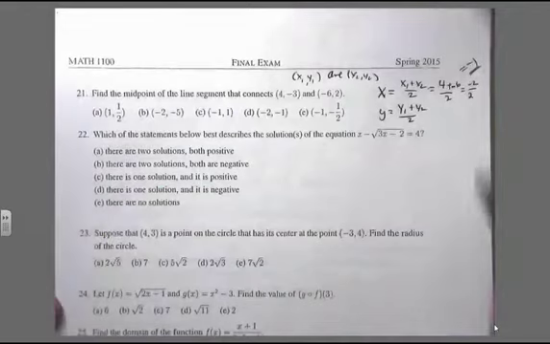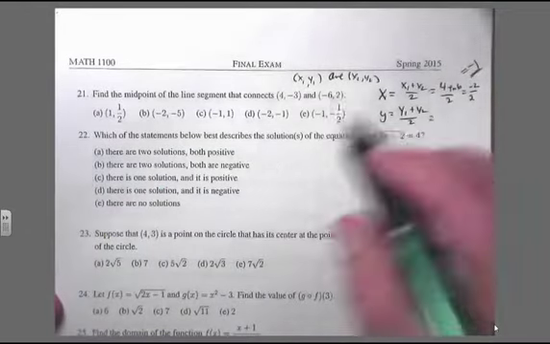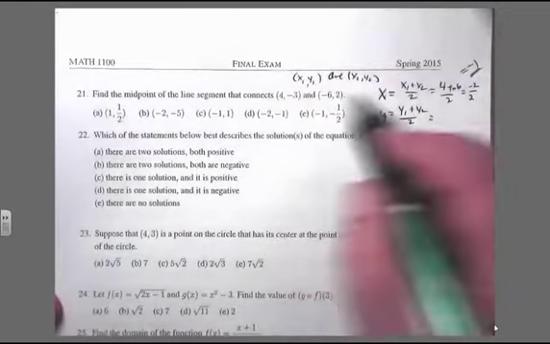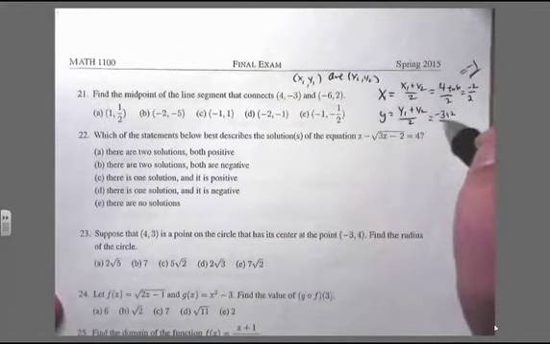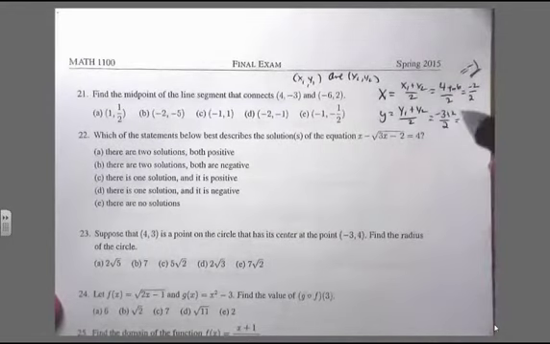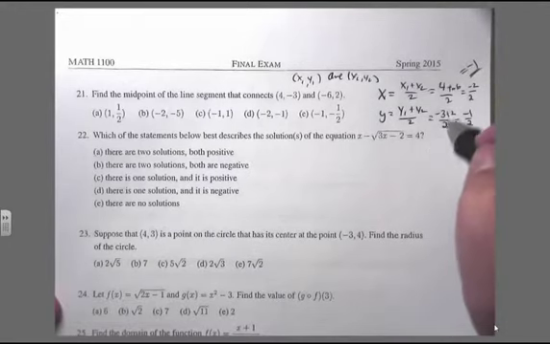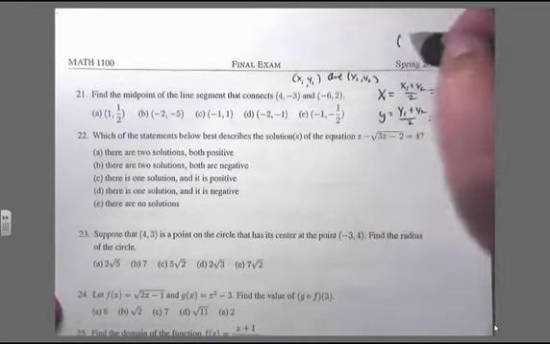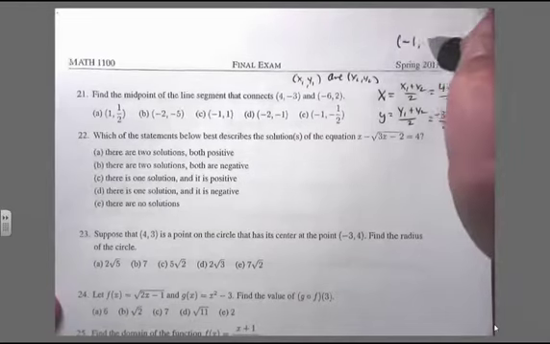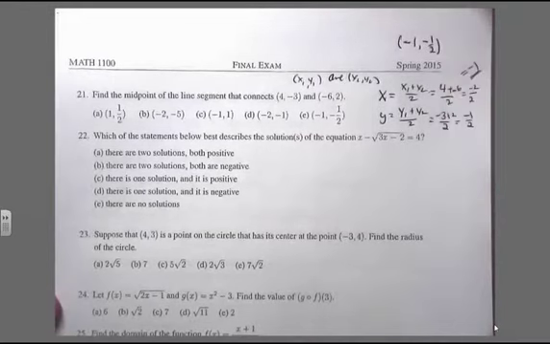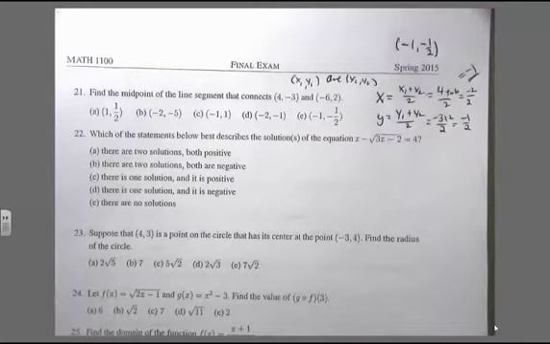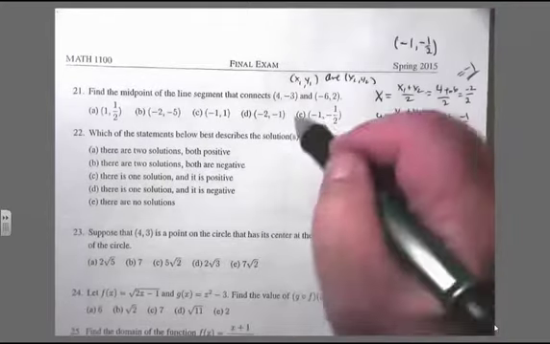Now let's go for the y-coordinates. Negative 3 plus 2 divided by 2. Negative 3 plus 2 is negative 1, divided by 2, negative 1/2. So my midpoint would be, literally, the x-coordinate is negative 1, the y-coordinate is negative 1/2. That is my midpoint, which is which answer? E.